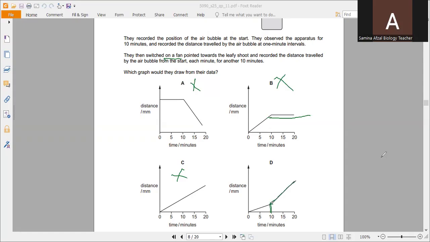So it means D is the correct option. So the air bubble will travel fast. The reaction will become very fast. So D is the correct option over here.